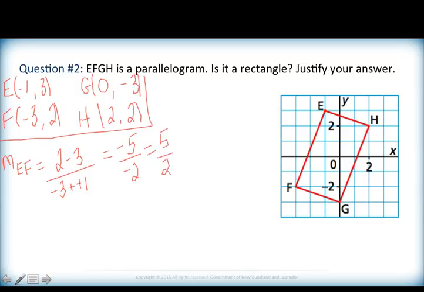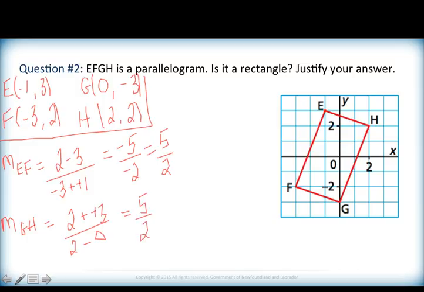We're just going to double check here, and we're going to look for the slope of GH using the same process. So G to H, 2 subtract -3 and 2 subtract 0. So that will give us 5 divided by 2.